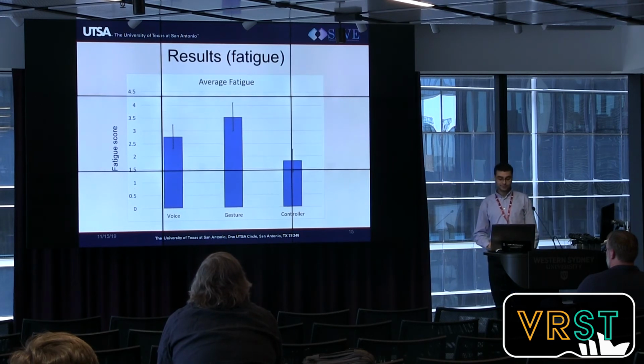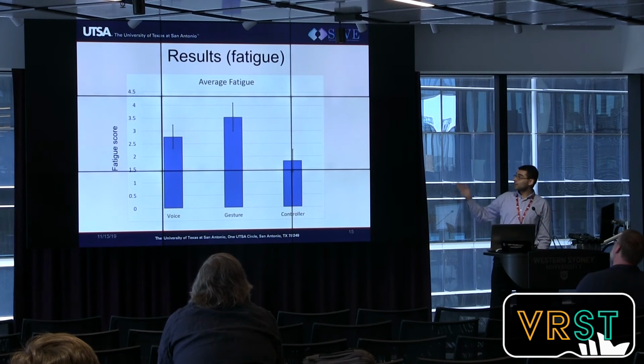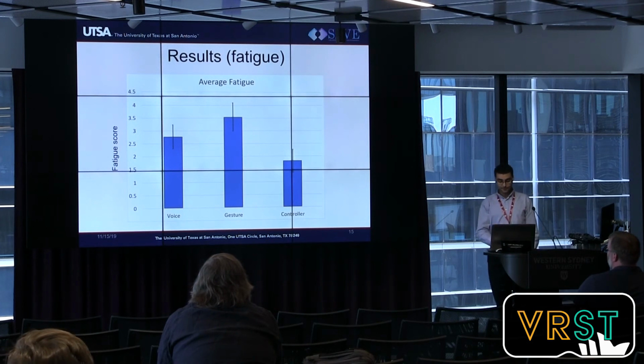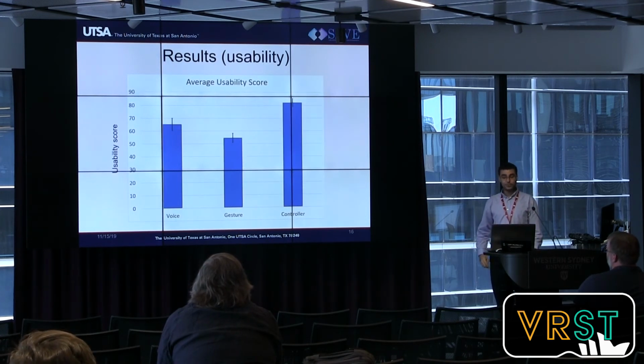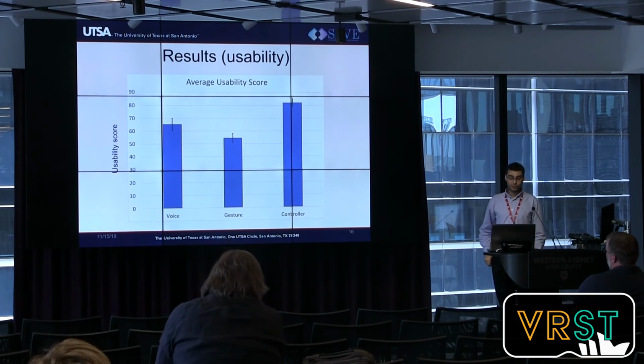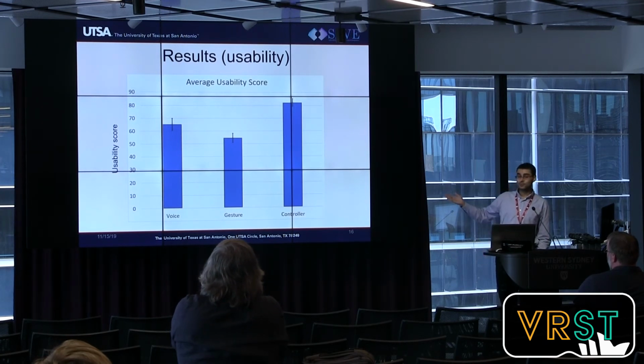For fatigue, once again, the controller had the least, and the overall fatigue scale was from 0 to 10, but the kids never reported a score over 5. And for usability, the total range was from 0 to 100. And once again, the controller was the highest scorer.